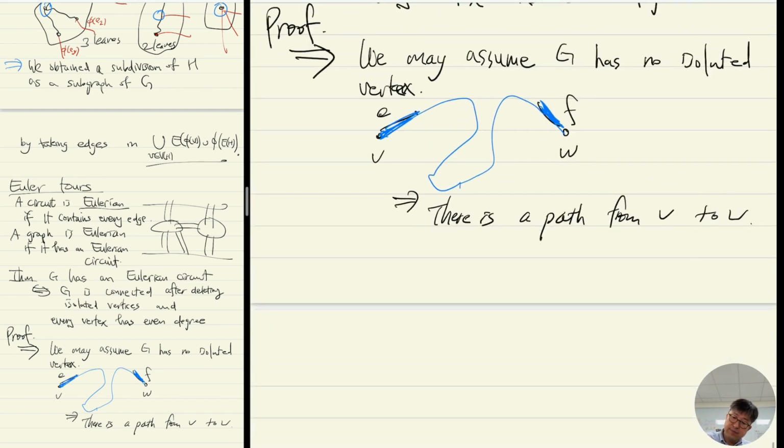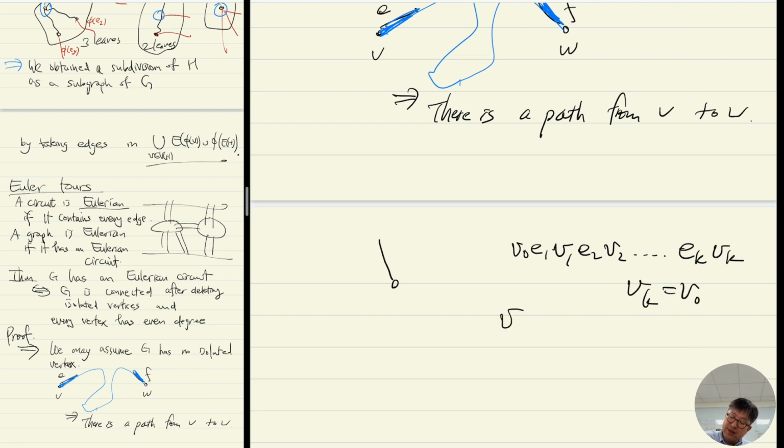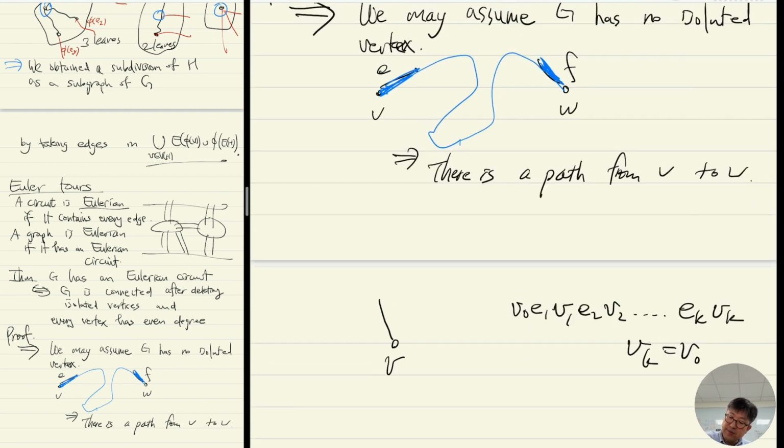Right. And why does it have even degree? Because, if I look at the Eulerian circuit, each vertex, if you follow the Eulerian circuit, V0, E1, V1, E2, V2, up to EK, VK, where VK is equal to V0. Now look at some vertex V, and V appears somewhere. Here's a V, here's a V, here's a V. What can happen? There's an edge incoming, there's an edge outgoing.